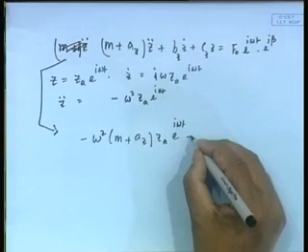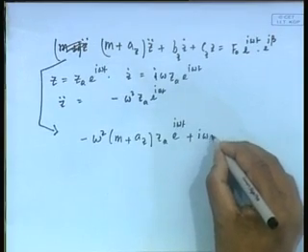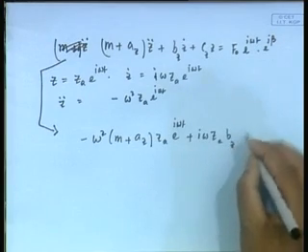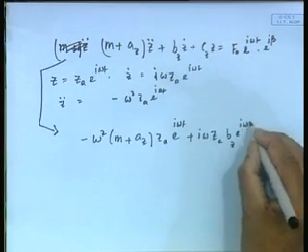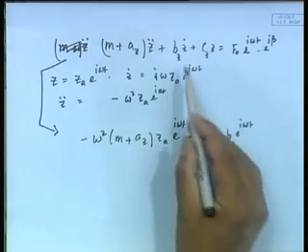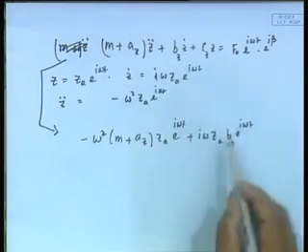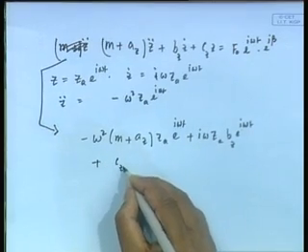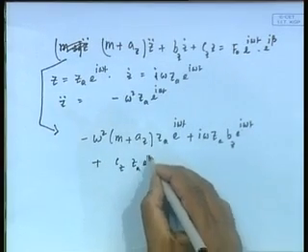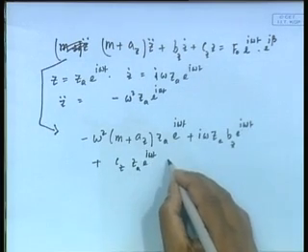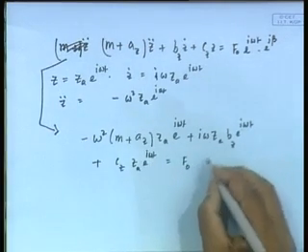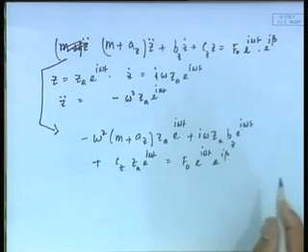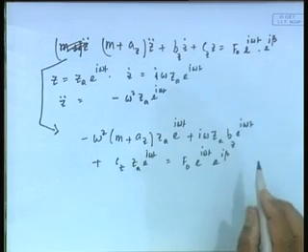Next term is plus i omega ZA bz, that is okay, bz into i omega ZA, this thing. The next one is cz into ZA e power of i omega t, this is equal to F0 e power of i omega t e power of i beta. Okay.